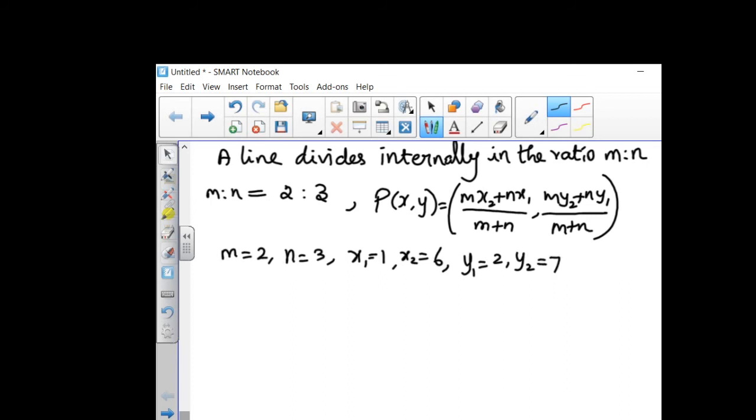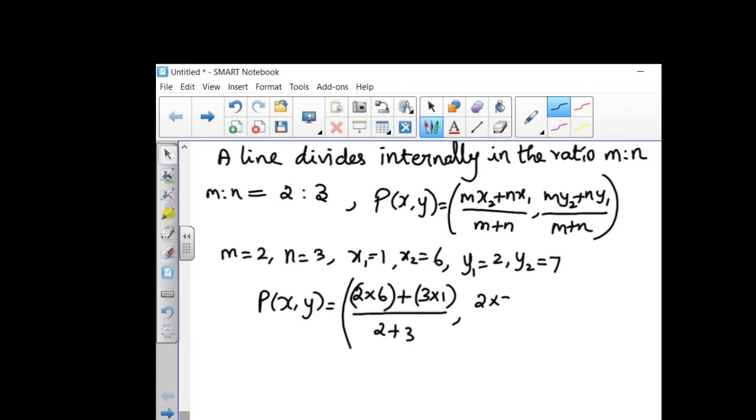So you can apply P of x comma y is equal to, what is mx2? m is equal to 2, mx2, 2 into 6 plus nx1, n is equal to 3, so 3 into 1, divided by m plus n, 2 plus 3. Then my2, m is equal to 2, y2 is equal to 7, plus ny1, n is equal to 3, 3 into 2. Okay, divided by 2 plus 3.